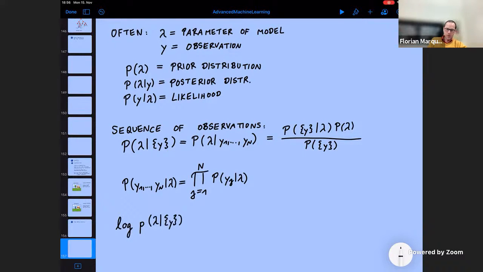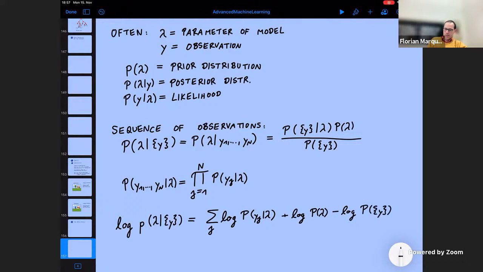So that would be the log of the left-hand side of Bayes equals, and on the right-hand side, I already use the fact that I have this product, and I will say sum over j log p of yj given lambda. Then there's still the log of p of lambda, that was the prior distribution. And then there is, of course, the log of the normalization part.